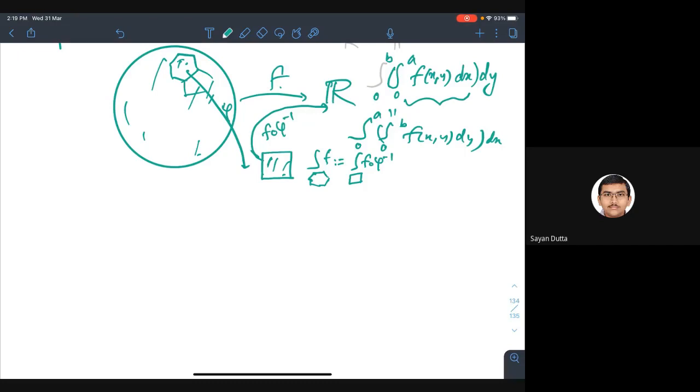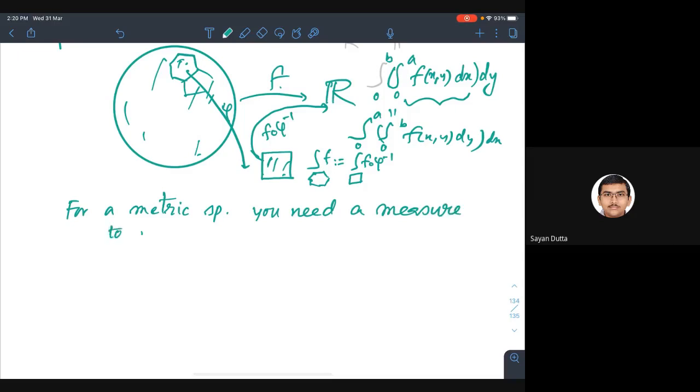But in general, for a metric space, you don't actually need a metric to define integration. For a metric space, what you need is a measure to define integration.